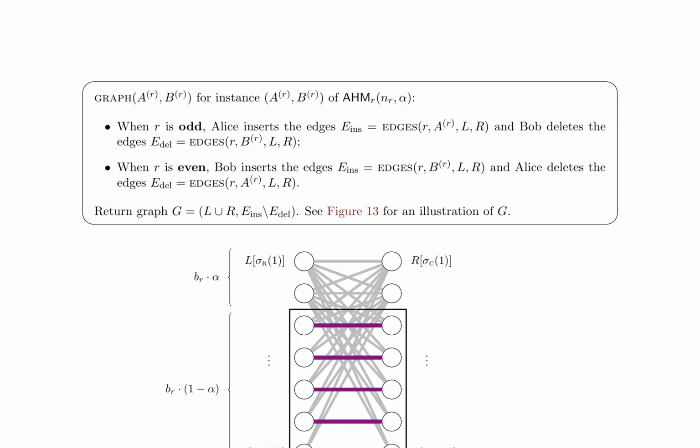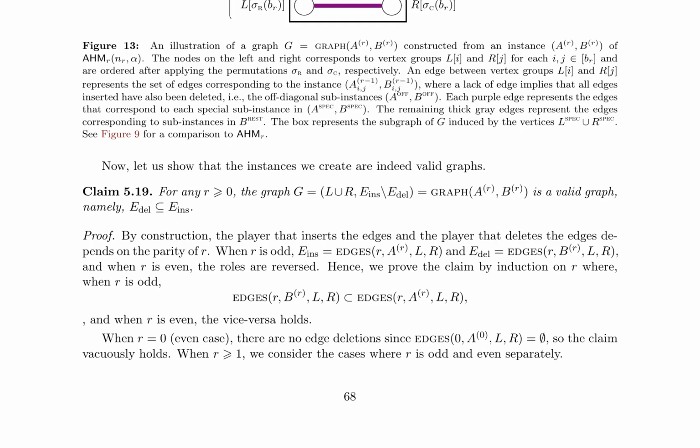The edges between vertex groups L_{I} and R_{J} represent the set of edges corresponding to the instance A_{R-1,I,J}, B_{R-1,I,J}, where a lack of edge implies that all edges inserted have also been deleted, i.e., the off-diagonal subinstances A_off, B_off. The purple edges represent the edges that correspond to each special subinstance in A_spec, B_spec, and the remaining thick gray edges represent the edges corresponding to subinstances in A_rest, B_rest.